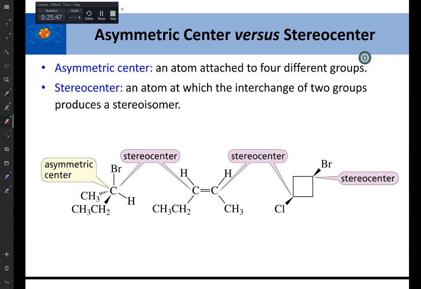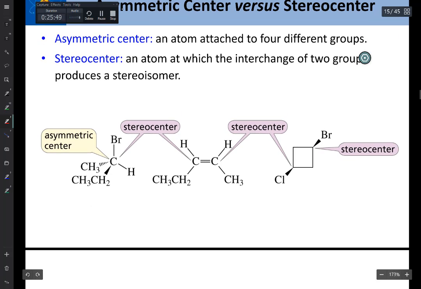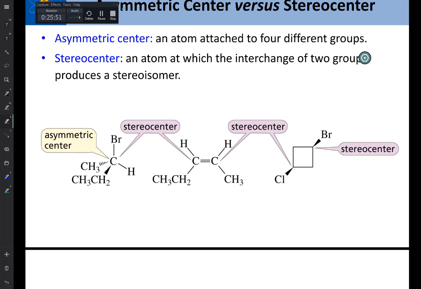So just a little bit of terminology, because this will be confusing to students. This is an asymmetric center. These are also stereocenters. This is a cis-trans stereocenter. It's both of them together that make cis-trans.